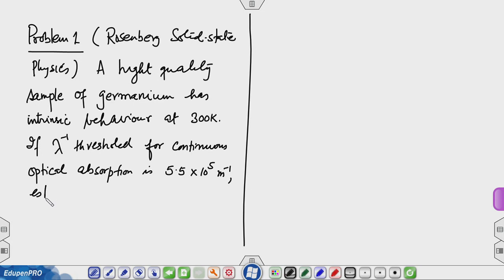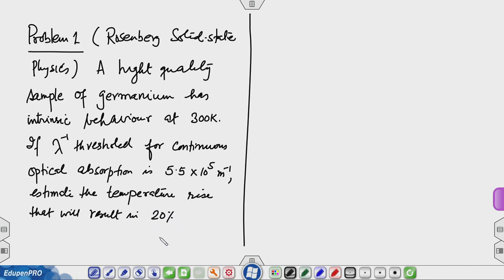Estimate the temperature rise that will result in 20% increase in its conductivity.